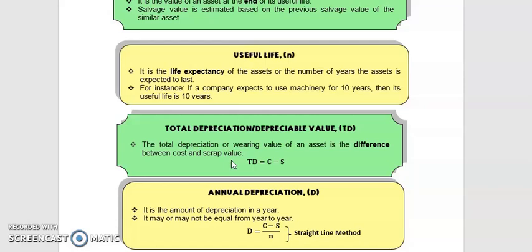So what is the total depreciation? Cost 60,000 minus scrap value 2,000, so total depreciation will be 58,000. Within 15 years, the car depreciates by 58,000.